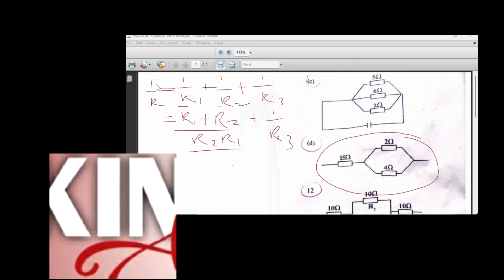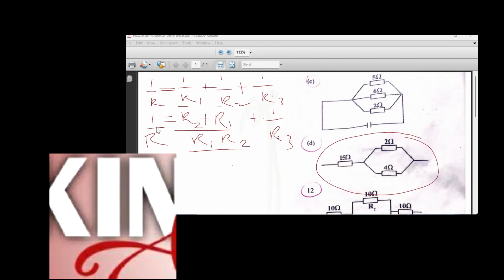The LCM of R1 R2 is R1 R2. Then R1 into R1 R2 is R2. Then R2 into R1 R2 is R1. Then you have R1 here. Is that correct? Yes. Equal to your 1 over R.